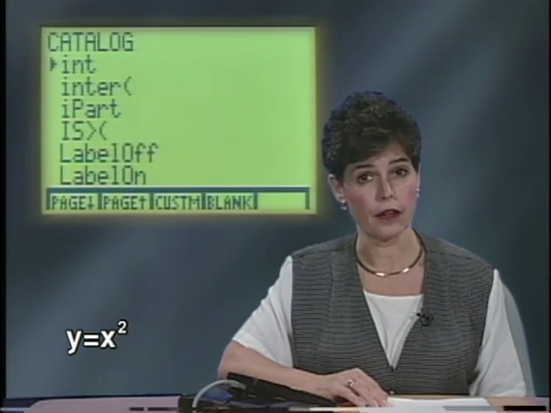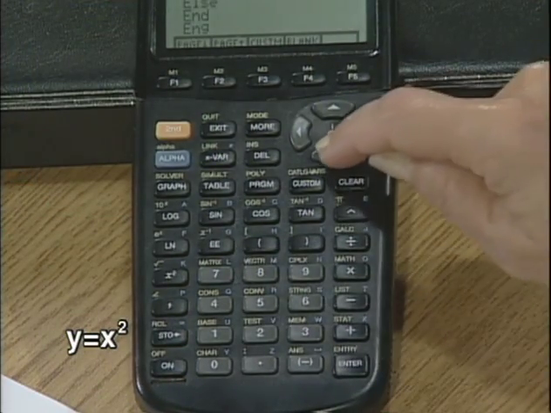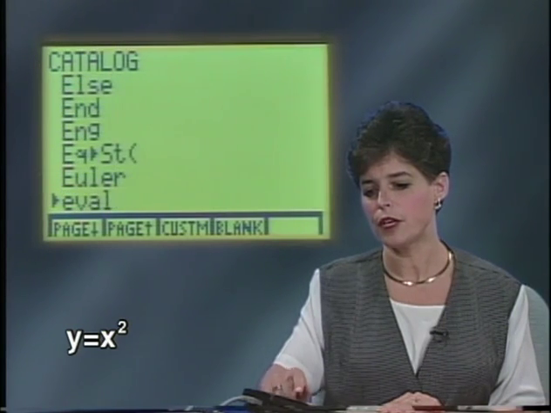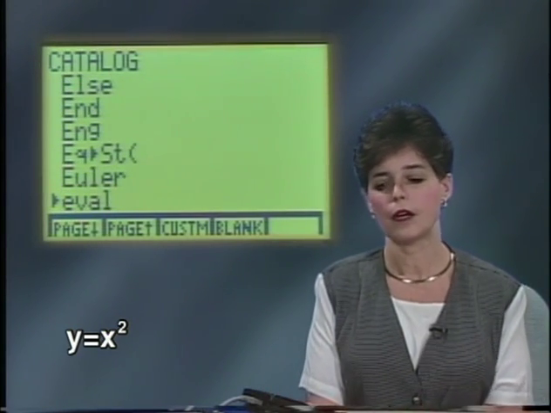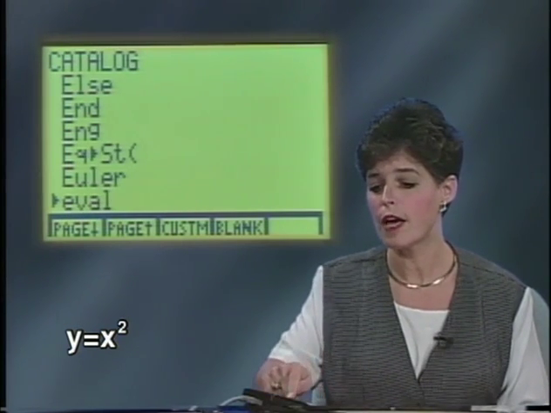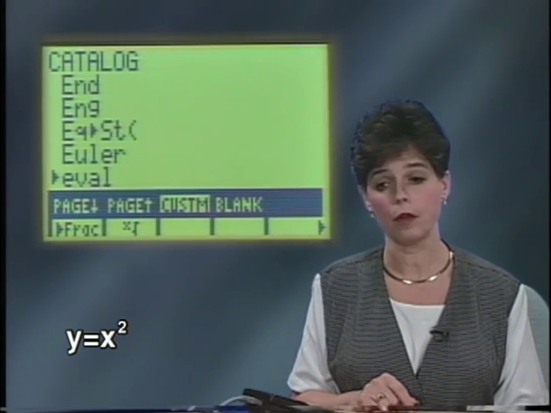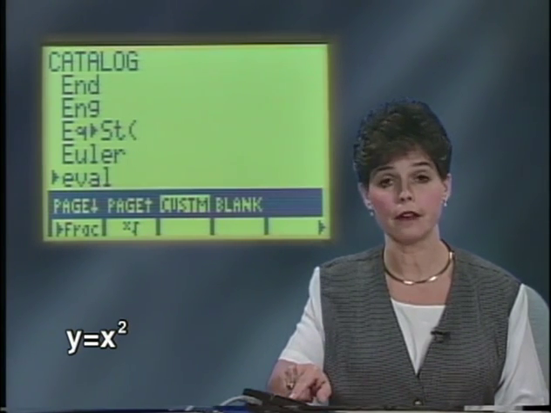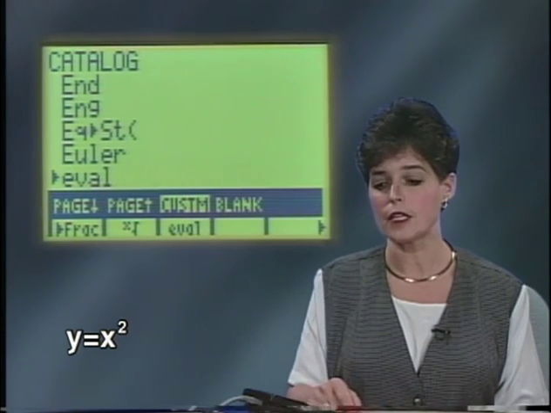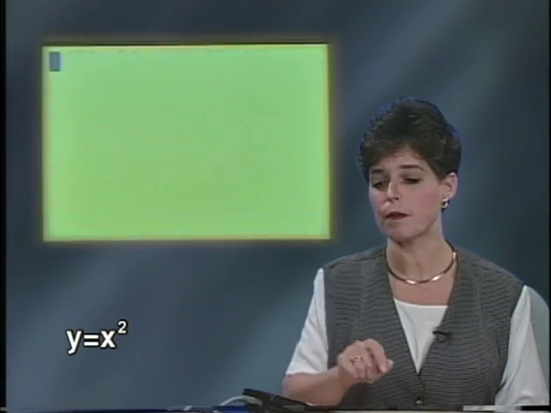In order to do that, I'm going to press the key that has the E above it and arrow down until you see eval. Now I said I wanted to put this into my custom menu, so go to F3, and I see that the third position is available, so press F3 and eval will be pasted in there. Okay, let's exit out of this with exit, exit, exit.